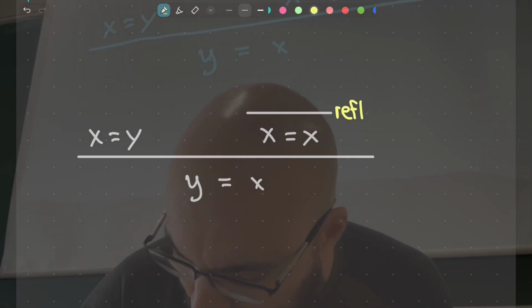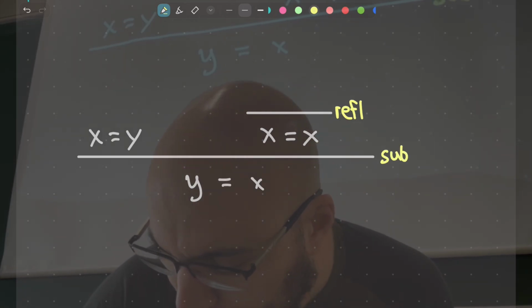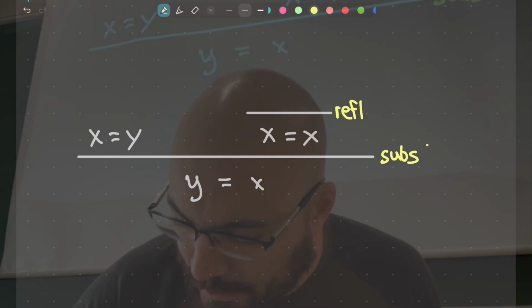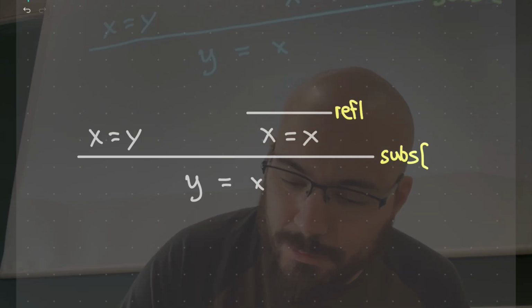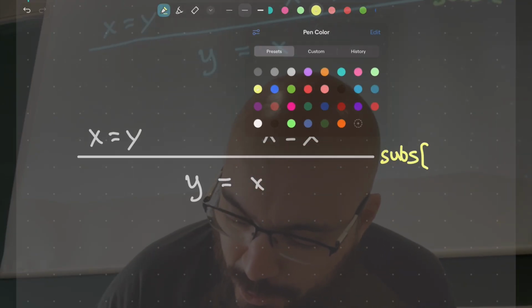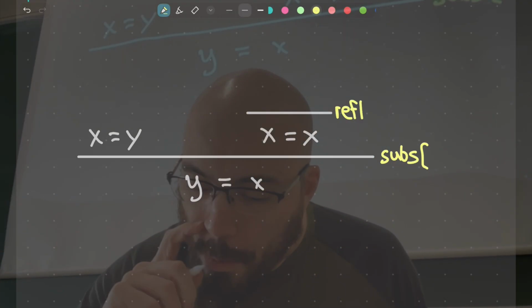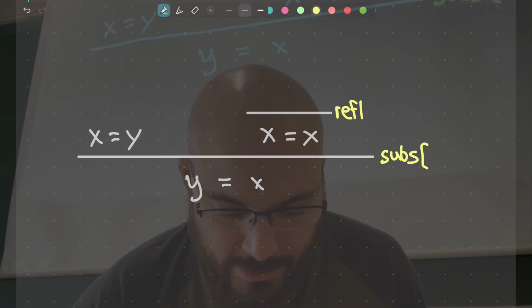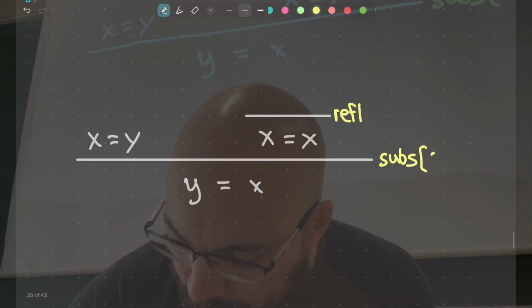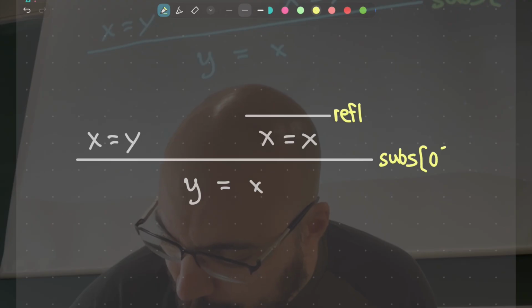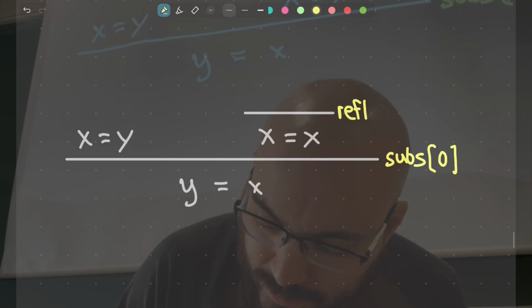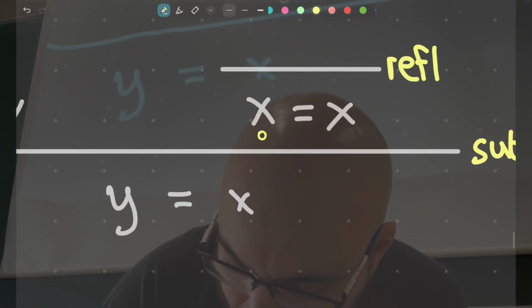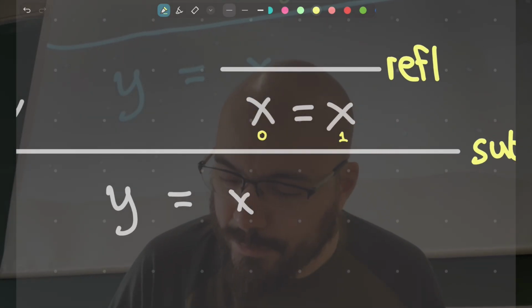And this was some substitution. The idea is that I'm using this equality to substitute in here, and I want to specify which occurrences, one or more, I'm swapping here. Actually here I want the first one, and I have not decided yet if we start counting from 0 or from 1, but let's say 0. This means that this is the 0, and this is the first occurrence of x.